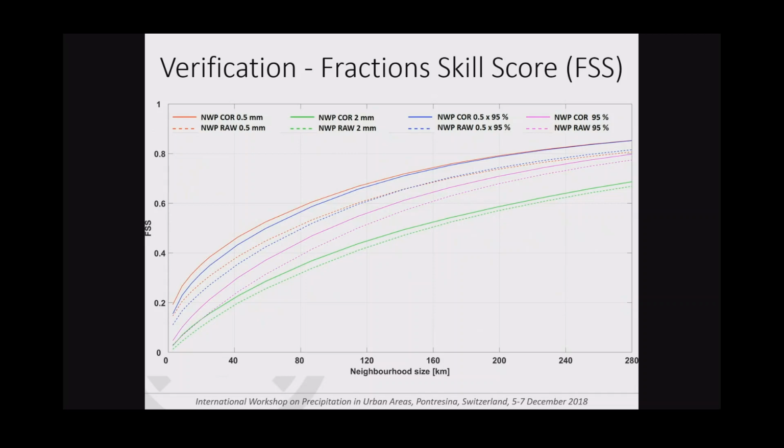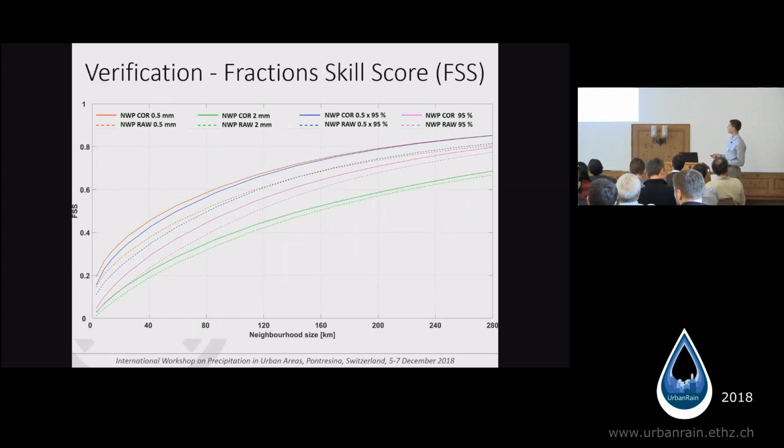As you can see, the corrected model, which is the full lines, is better at all thresholds compared to raw reforecasts. Just to mention, on this scale 0 means complete mismatch and 1 is perfect reforecasts.